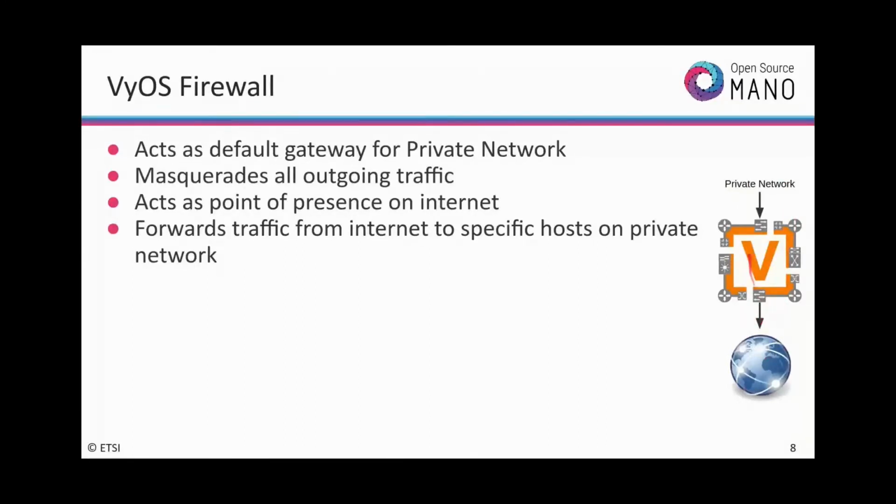So the VyOS router is responsible for knowing that employee 1 is going to YouTube. Therefore, when YouTube responds back with a video, that needs to go back to the desktop of employee 1. And employee 2 is going to Google, so the response needs to come back from Google to employee number 2.